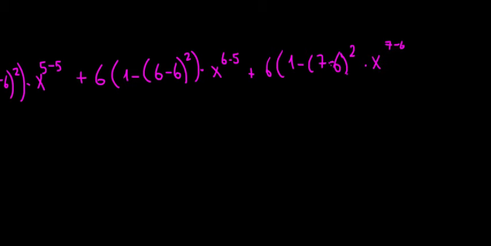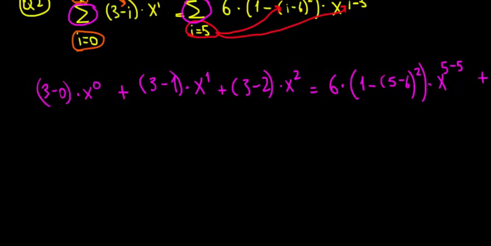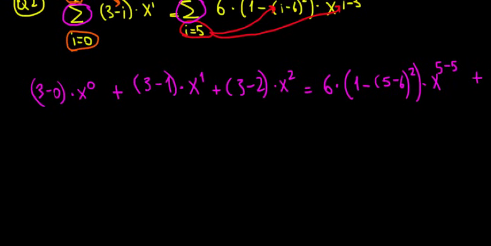Okay, now let's solve it. Let's go all the way here, see what we have. Change colors. So 3 minus 0, that's just 3. x to the power of 0 is 1. So here we would have 3 times 1 plus 3 minus 1, well, that's 2, times x to the power of 1, that's just x.